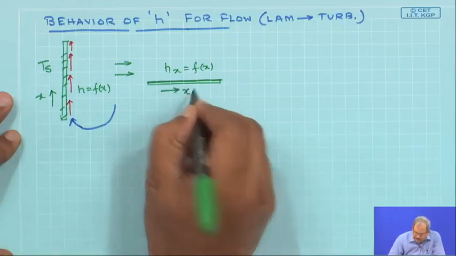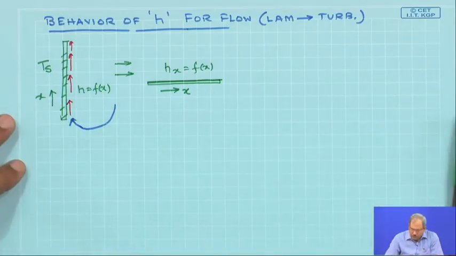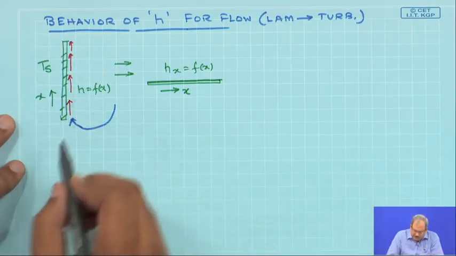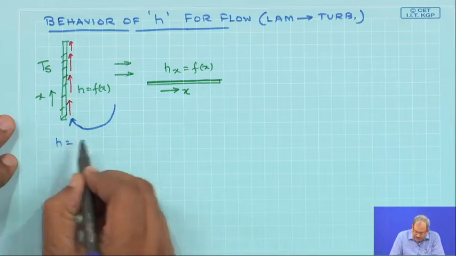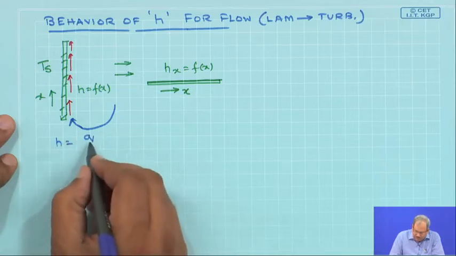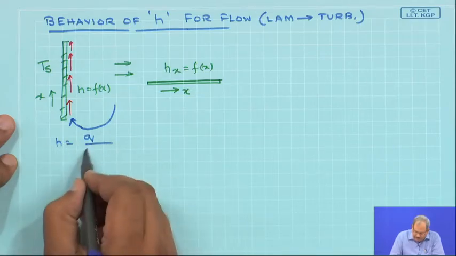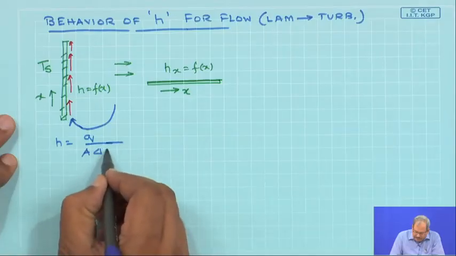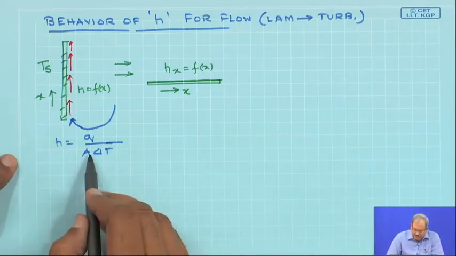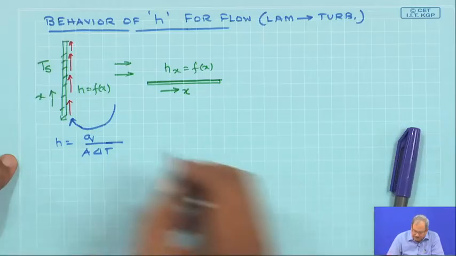When you look at the experimental results, h can simply be calculated as h = Q / (A times delta T). That is the definition.